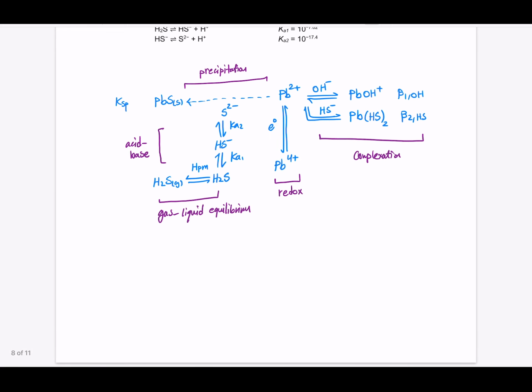At some point we need to do mass balance. At least that was our approach for a system that might have precipitation, going with no precipitation, with precipitation, in the last two lectures of chapter 3. So we need to do at some point total mass balance for lead. What are the species that contain lead? What is the total lead expression then?